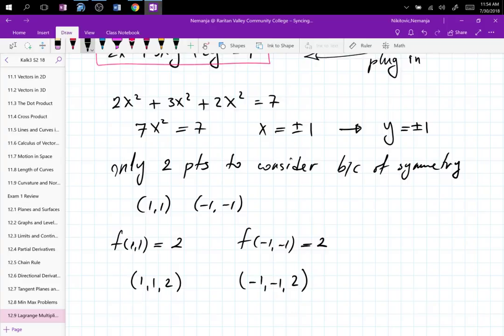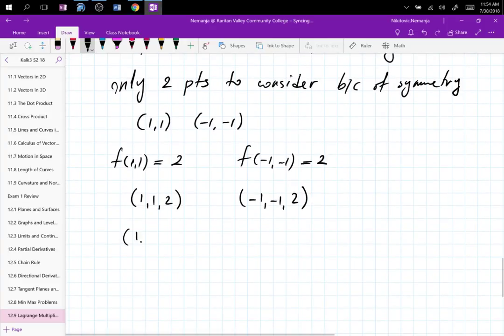If I pick any random x value, I can't pick this x value because that's not on the object. But if I pick this x value, then I have to calculate that x value in the g equation first to make sure that for the selected x value, the y value is on the black line. And once I secure that the point is on the black line, then I can use function f to use that x and y to compute z. So we move our x to 1.1.